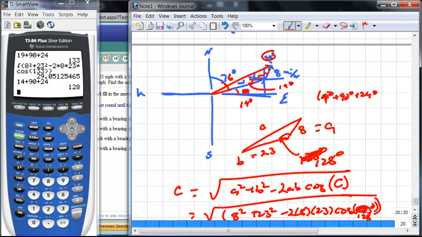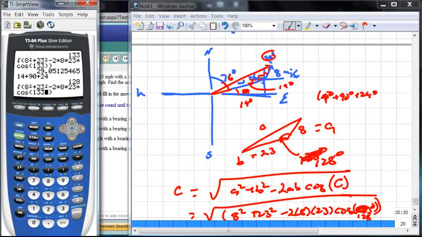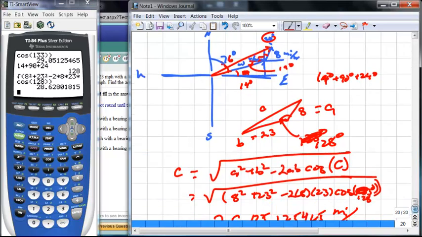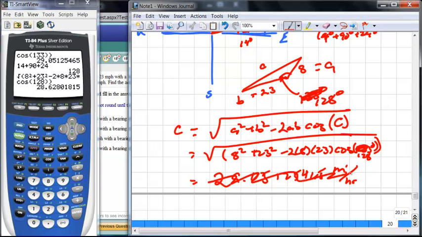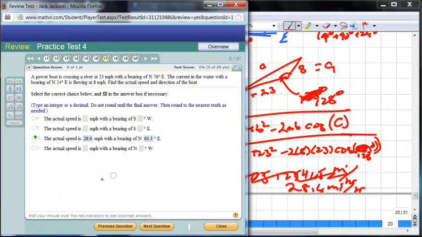Okay, now let's go back and get that. There it is. And change it from 133 to 128. Now this should be right. 28.6 miles per hour approximately.